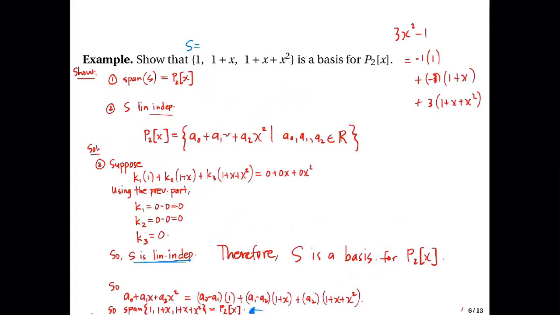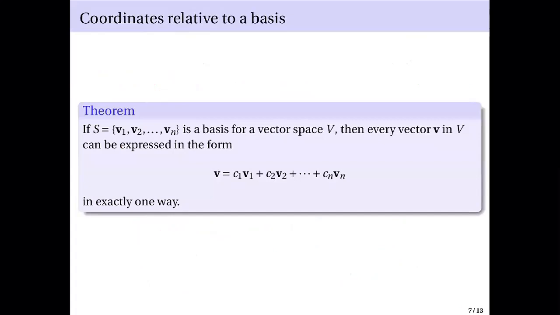So that's what this theorem is telling us. You got a basis for the vector space. If you get a vector in your vector space, there's only one way to write it as a linear combination of your basis elements. No other way.